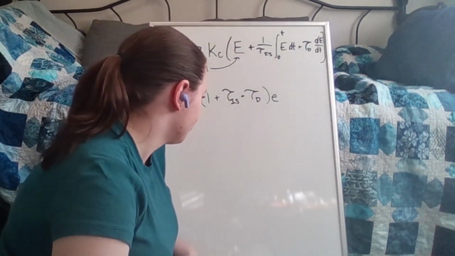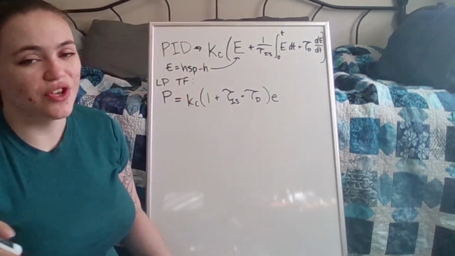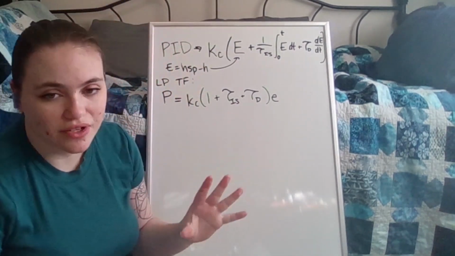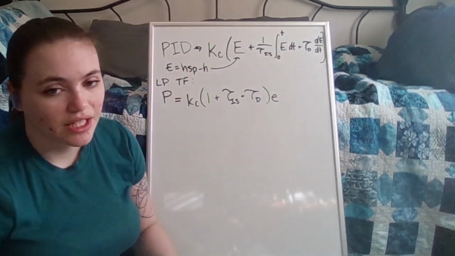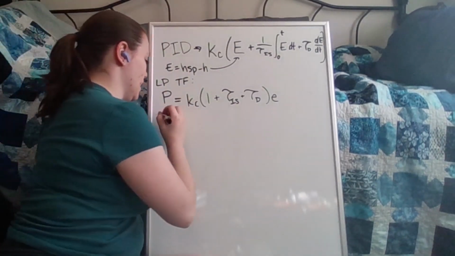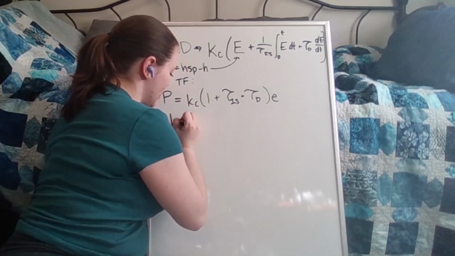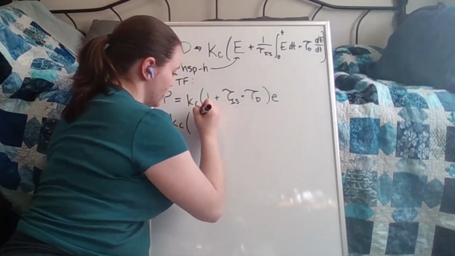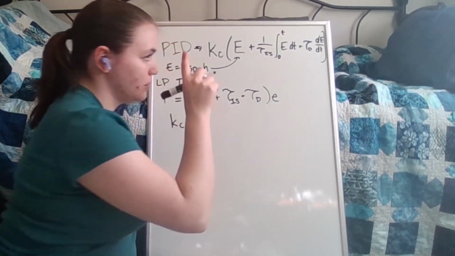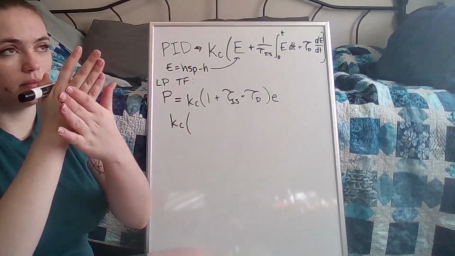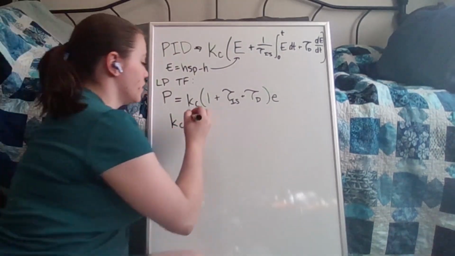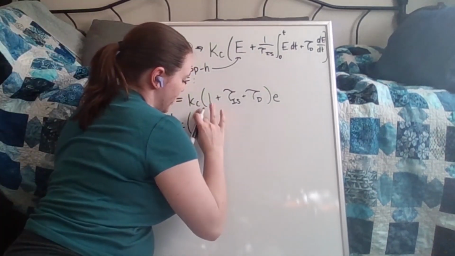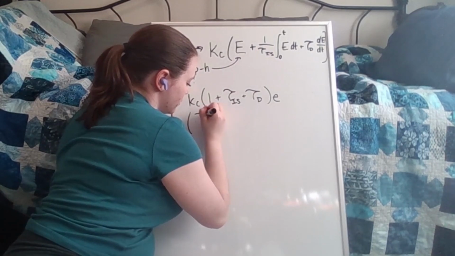Okay, cool. And so we can maneuver this all around. And basically what we're going to get is Kc times 1 plus 1 over tau i s plus tau d s, all multiplied by e. Oh, that is not tau.